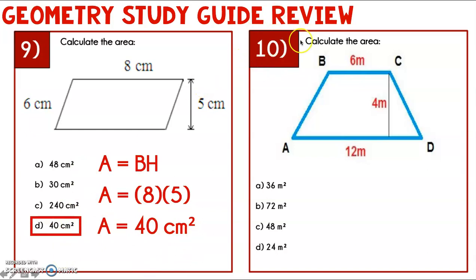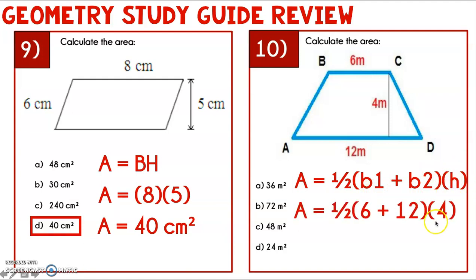Number 10, that's our trapezoid. So first off, we're going to write out our trapezoid formula. We have area equals 1/2 (base 1 plus base 2) times the height.